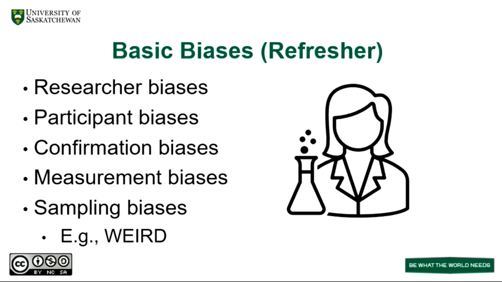So the acronym WEIRD, for instance, refers to Western, educated, individual, rich, democratic, and that simply speaks to how in a lot of the social sciences, if research is taking place on a university campus in a place like Canada, often you are drawing on a very, very narrow subsection of people, namely university students, and this can have implications for generalizing research findings to larger groups of people.